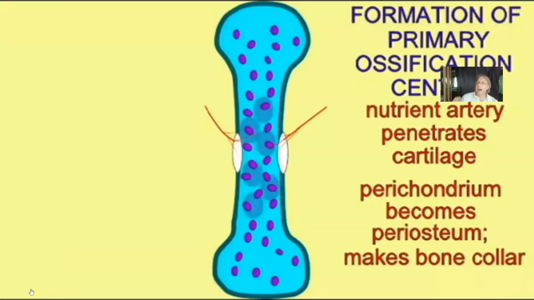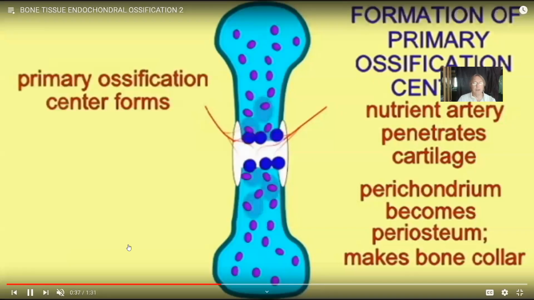So because osteoprogenitor cells can become either osteoblast or chondroblast, here in what was the perichondrium, the osteoprogenitor cells produced some osteoblasts, and now we have a periosteum with osteoblasts. And osteoblasts, as they make bone, now the bone can expand through what's called appositional growth.